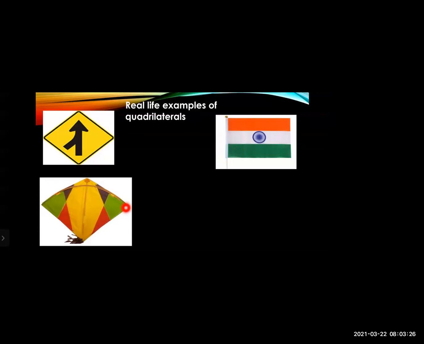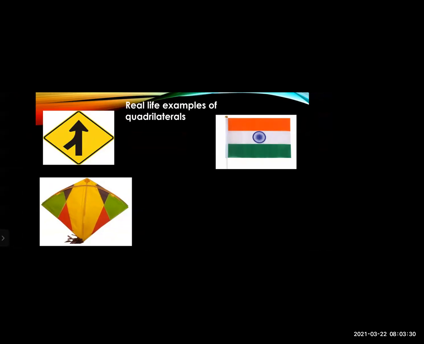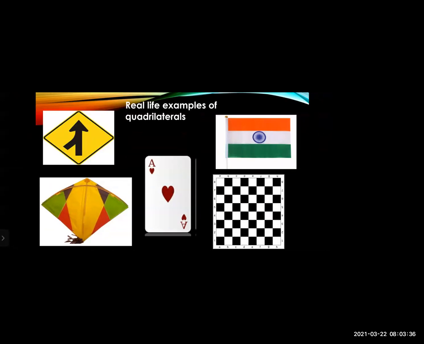It's a kite. Yes, so kite is also a quadrilateral. This is the playing card, then this is a chessboard. If you see all these figures, they are closed figures and have four sides, right? So any figure which has four sides and is closed is a quadrilateral.